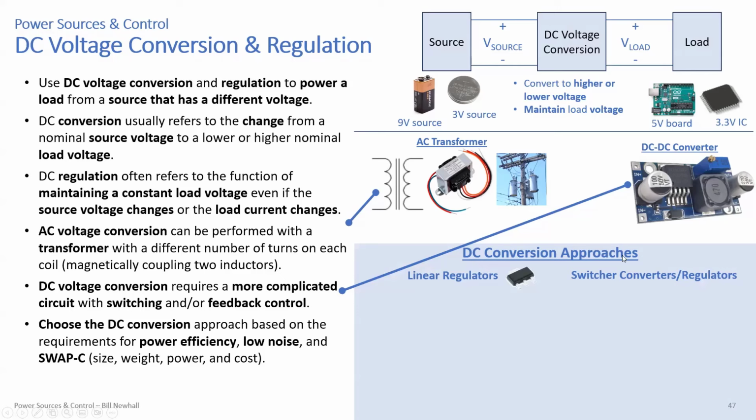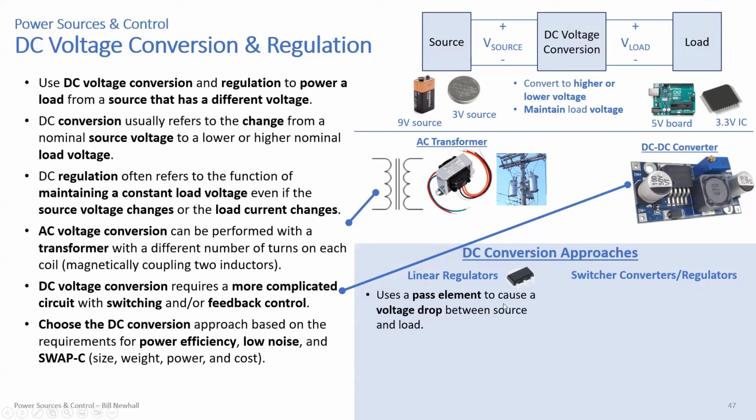So here are DC conversion approaches. Here's a linear regulator. This is a single integrated circuit in a surface mount package. These linear regulators, and we're going to talk about an example, use what's called a pass element to cause a voltage drop between the source and the load.